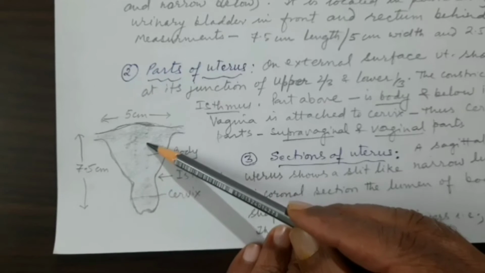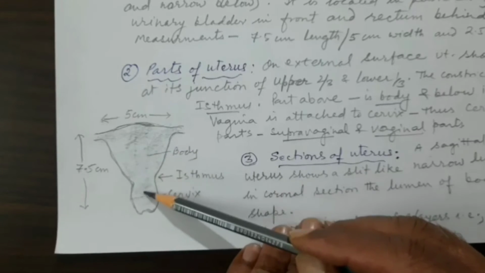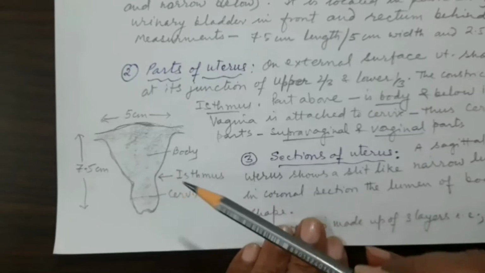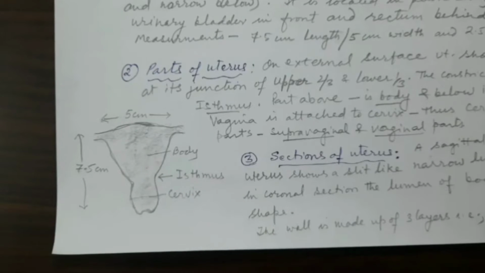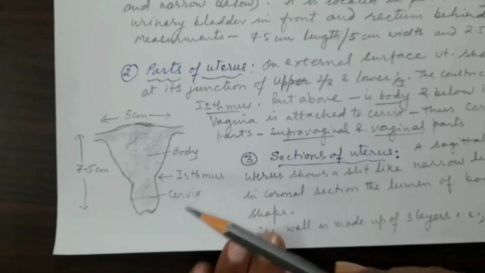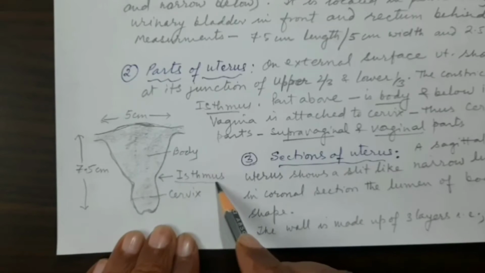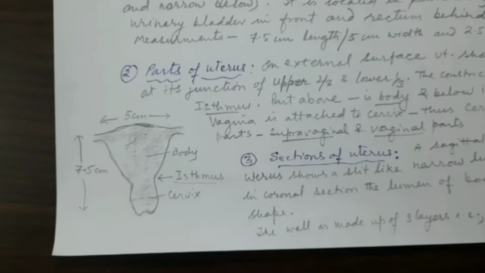This constriction is called the isthmus.